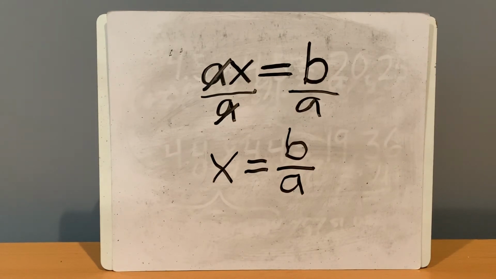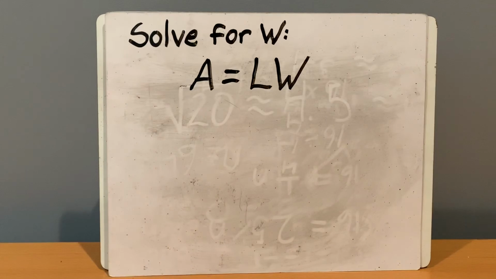Now, formulas are basically literal equations. A lot of times in math, it's necessary to change the way a formula is written. So looking at this, if we solve for W, we see that we have A equals L multiplied by W, which is the formula for the area of a rectangle, which is area equals length multiplied by width.